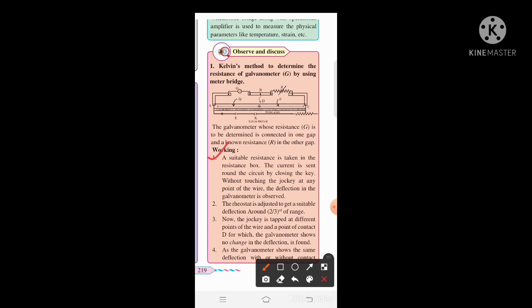Then we get a point D, the point of contact at which the galvanometer shows no change in the deflection found before without touching the jockey. The deflection we get without touching the jockey is obtained again by touching the jockey, by taking a suitable value of resistance from the resistance box. The galvanometer shows the same deflection with or without touching the jockey at points of wire AC.